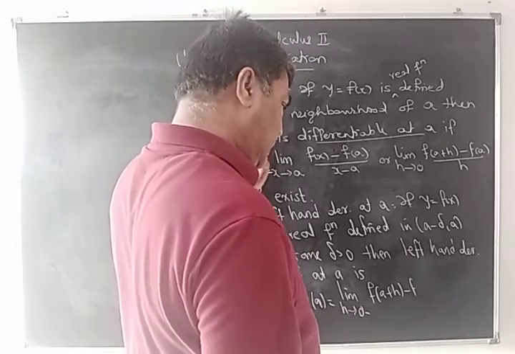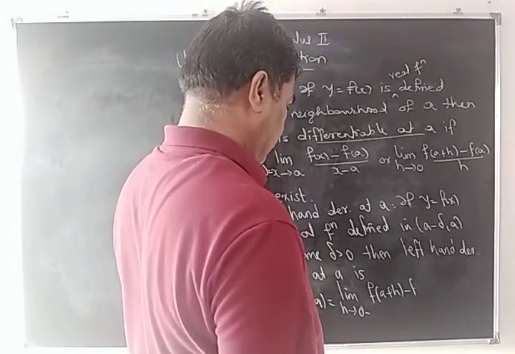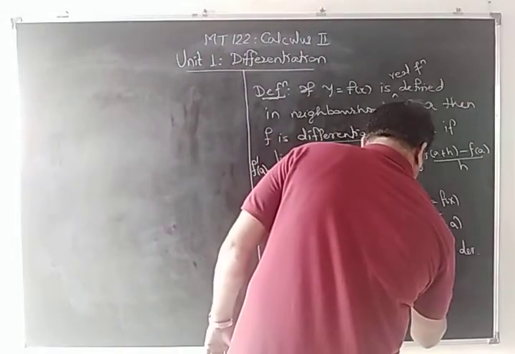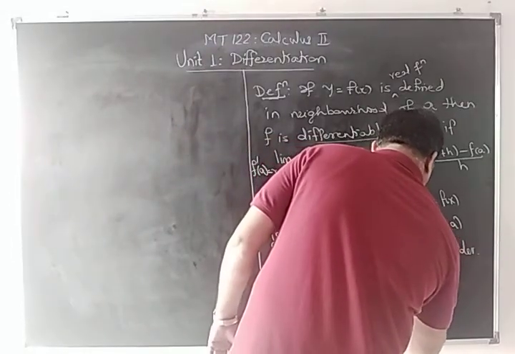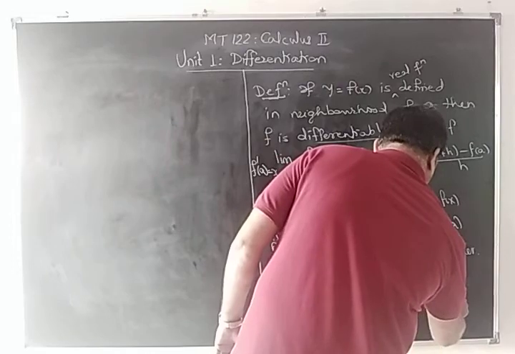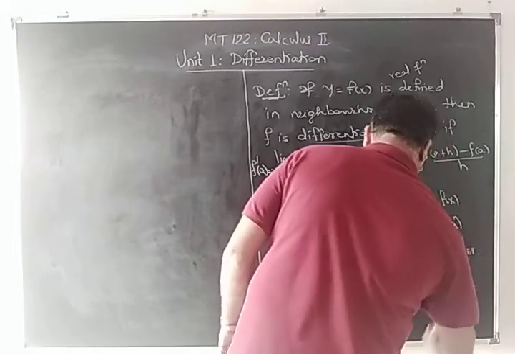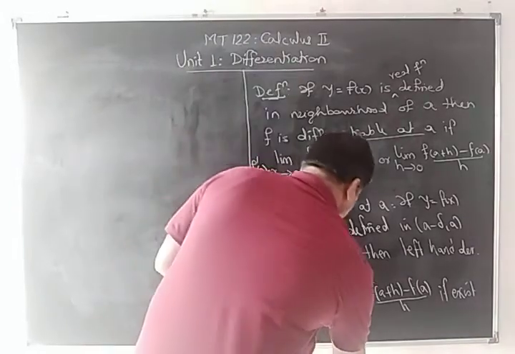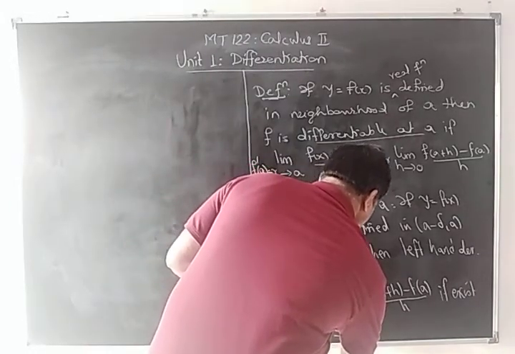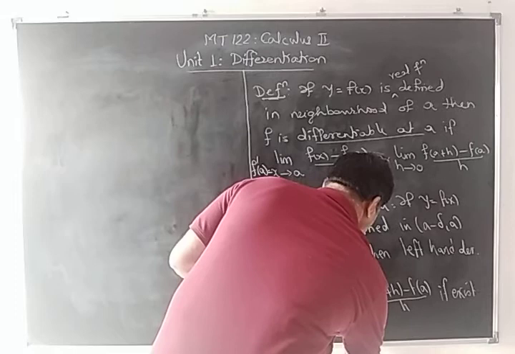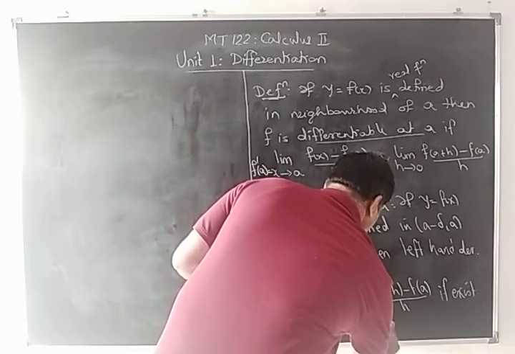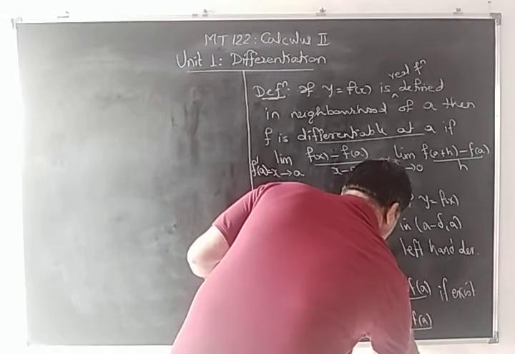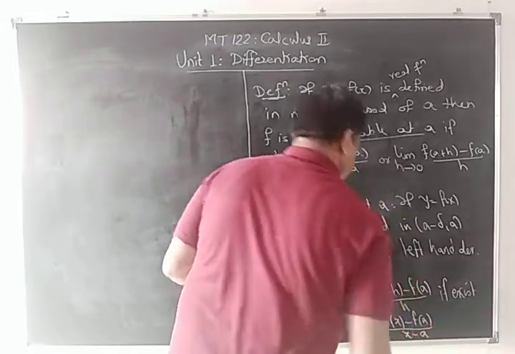If h is very near to 0 from the left side, if it exists, this is nothing but limit x tends to a minus of (f(x) minus f(a)) divided by (x minus a).